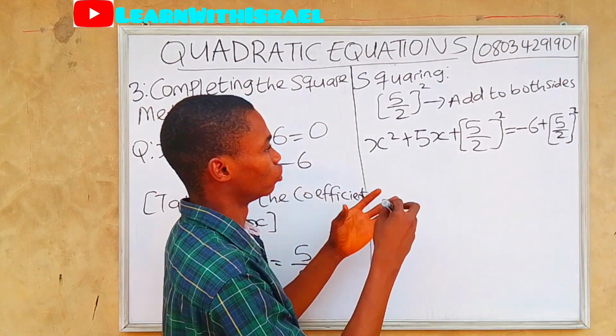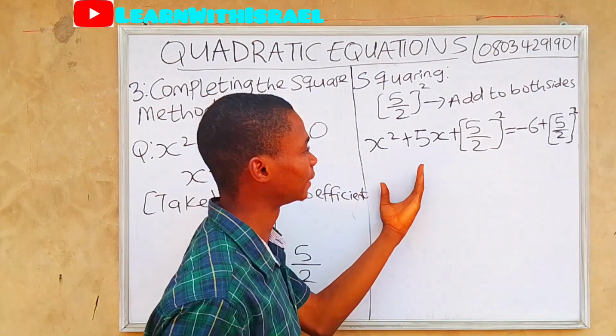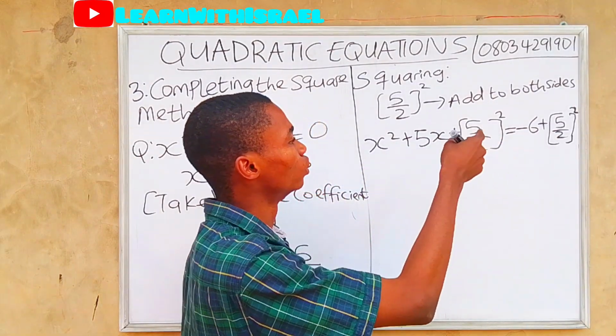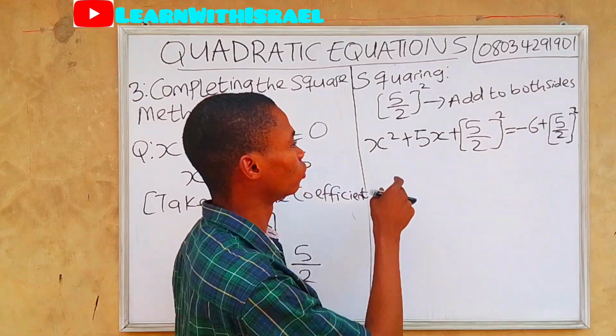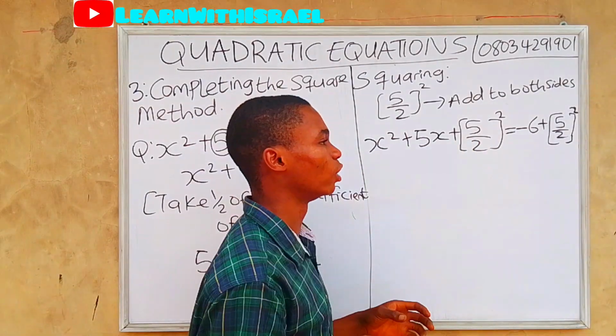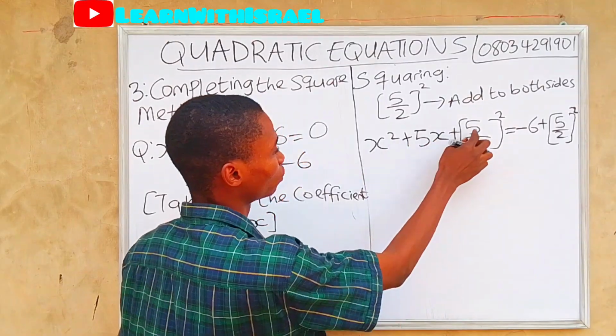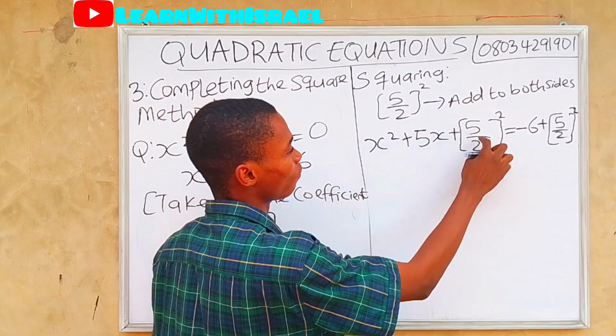So to solve the left hand side, we are going to pick the value that is half squared and we are going to square root it. So we have x squared and we have 5 over 2 squared.